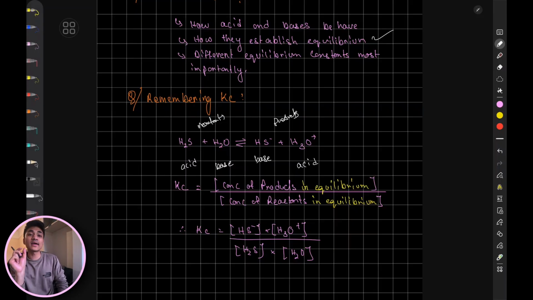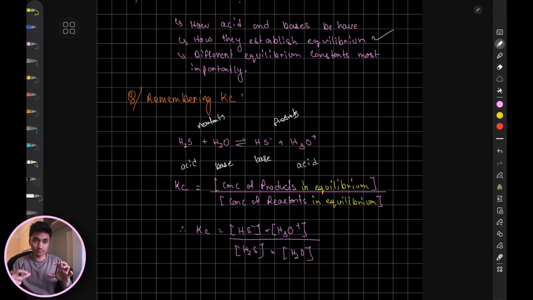And we can find a number to establish that equilibrium. We can find a number which says that if this number is visible in the solution, your solution is in equilibrium. What is that number? That number is the concentration of products, the concentration of HS- and H3O+, divided by the concentration of your reactants, H2S and H2O.